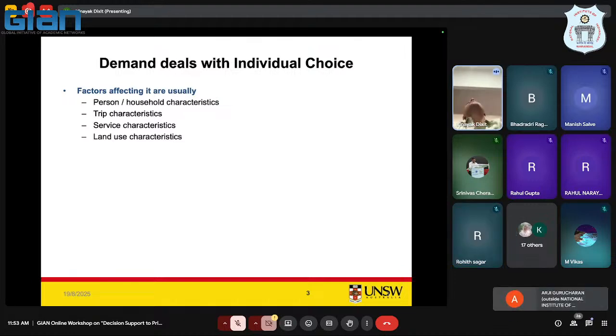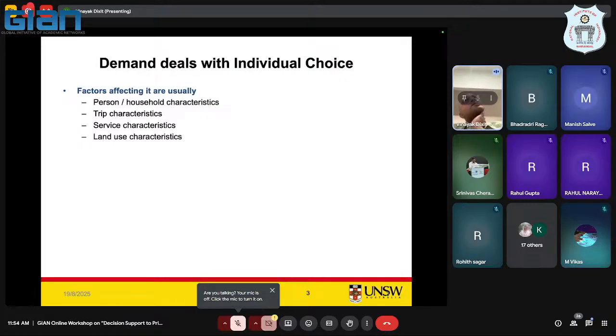I'll give you an example. One of the things we are currently studying in collaboration with a big electric vehicle company is why a lot of people are a bit worried about using electric vehicles. Range anxiety was one, but now people are quite comfortable with trust in the electric vehicle.